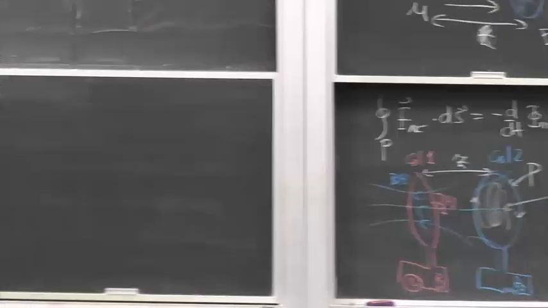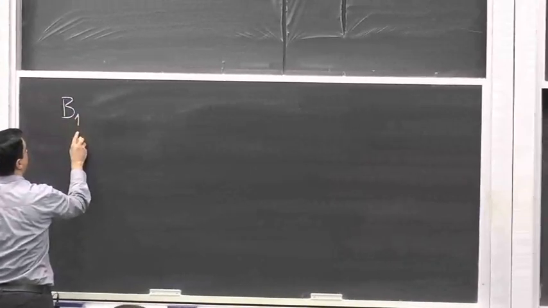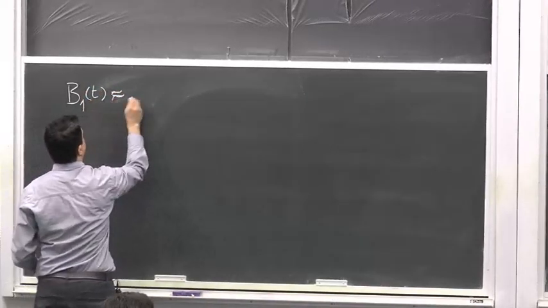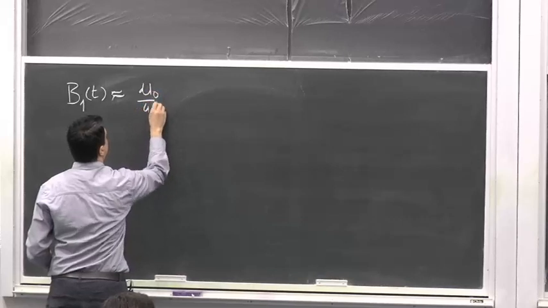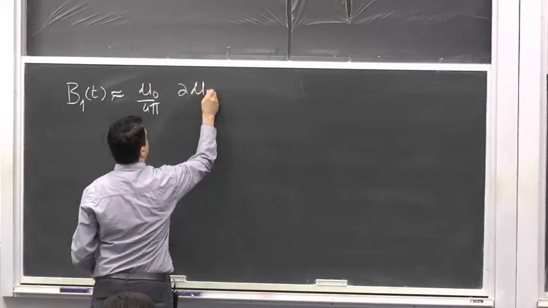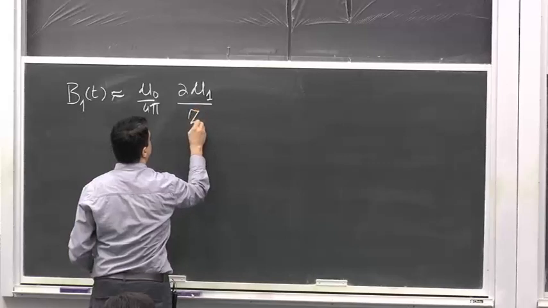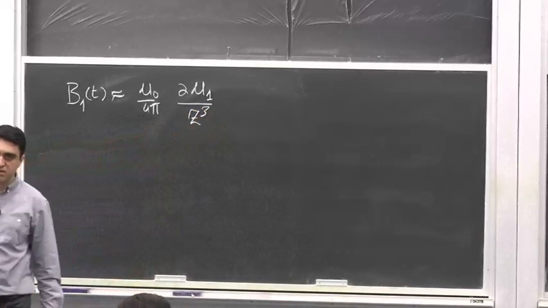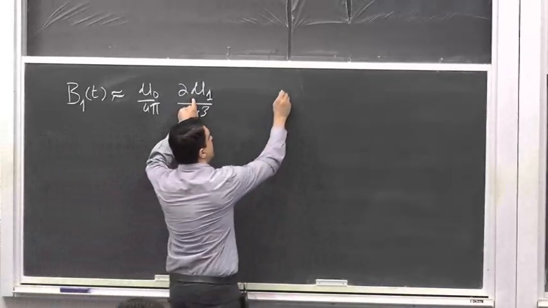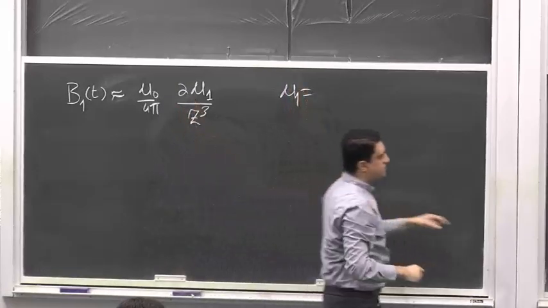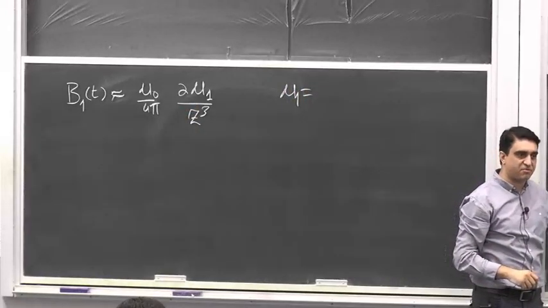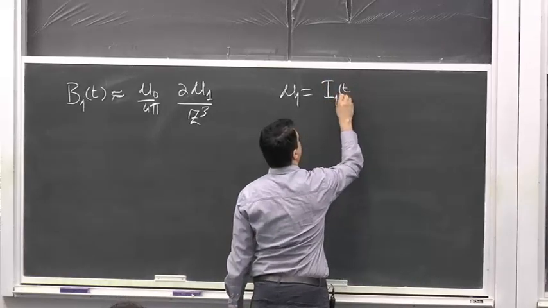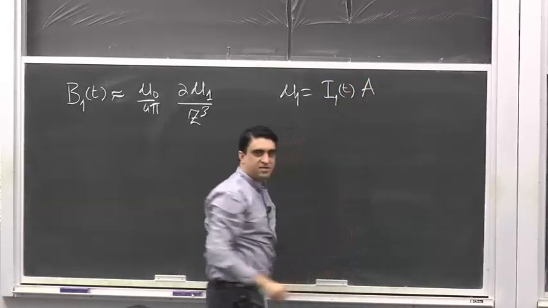The magnetic field due to coil number 1 at a certain time t is approximately given by mu0 by 4 pi times 2 mu1 divided by the distance z cubed, where mu1 is the dipole moment of this coil, and we already know the dipole moment of a coil. It is given by the current flowing in that coil multiplied by the area of that coil.